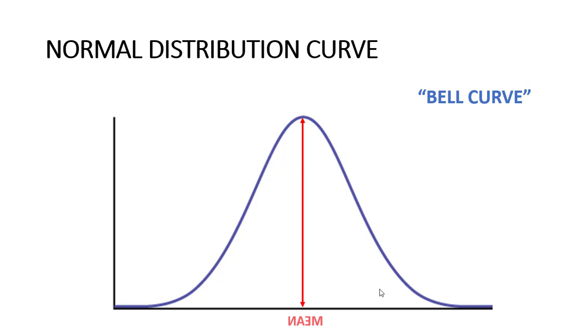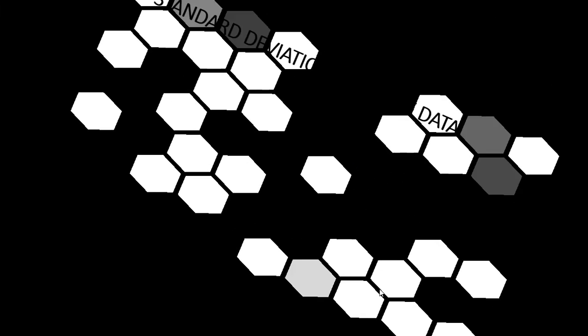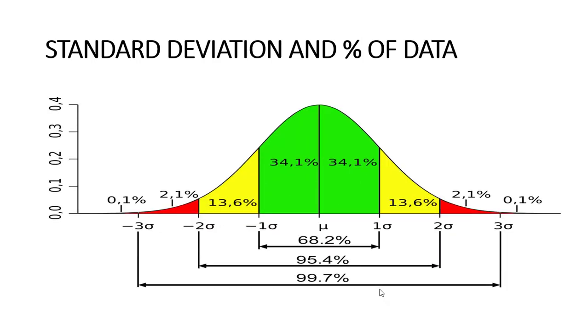Now, why is this going to be important? Because with this, we are now also going to include the standard deviation. Now, notice that if we count from -1 standard deviation to 1 standard deviation, we will have the area in green, and this area in green corresponds to 68.2% of the data.